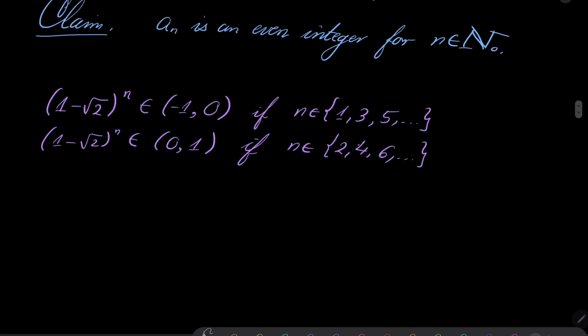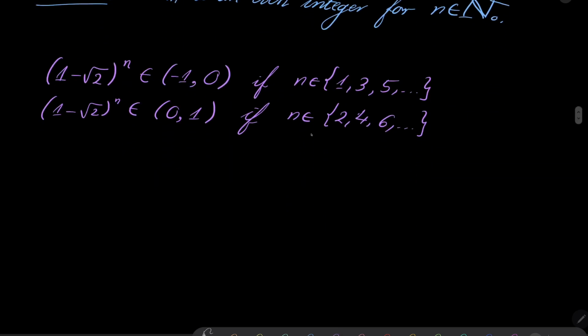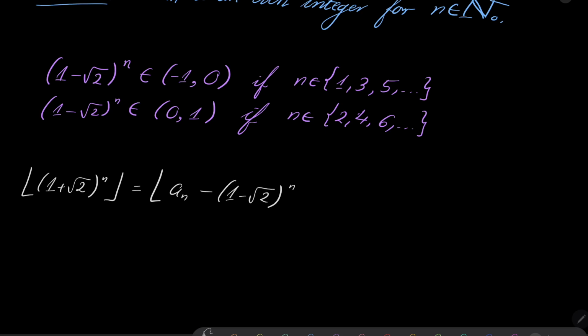Alright, and this means that we can write the following. Floor of (1 plus square root of 2) to the power of n, we can write it in the following way: as a_n minus (1 minus square root of 2) to the power of n.